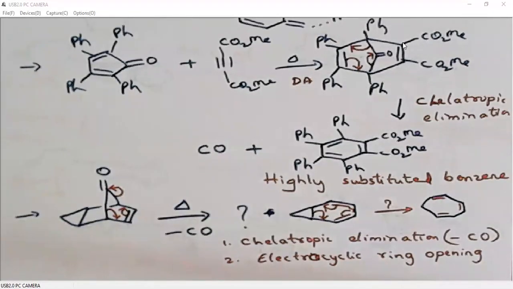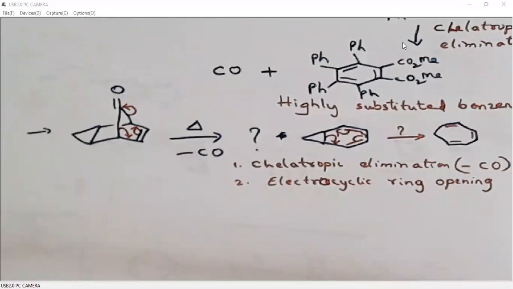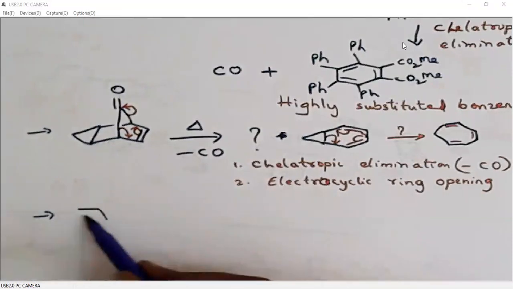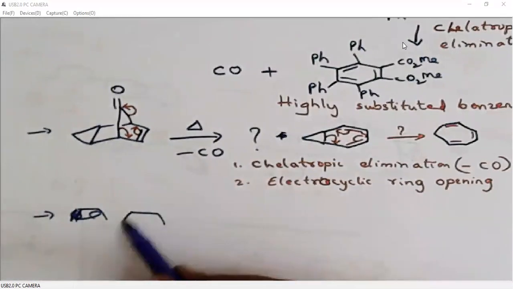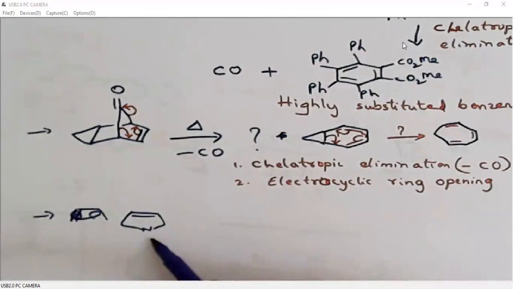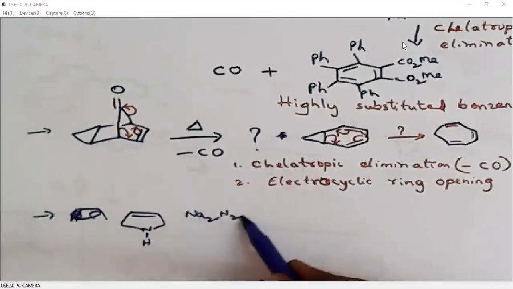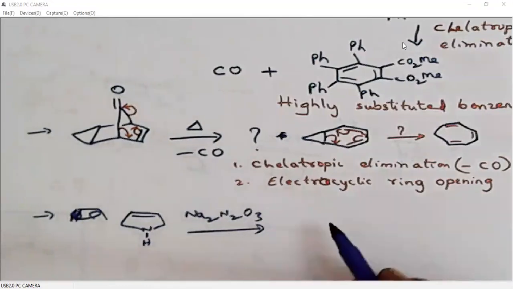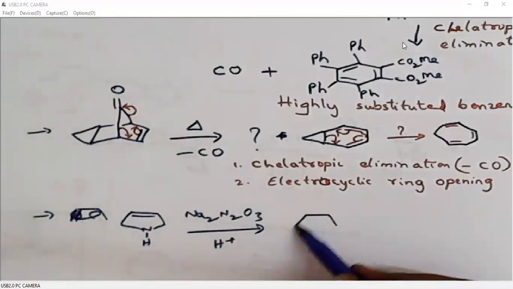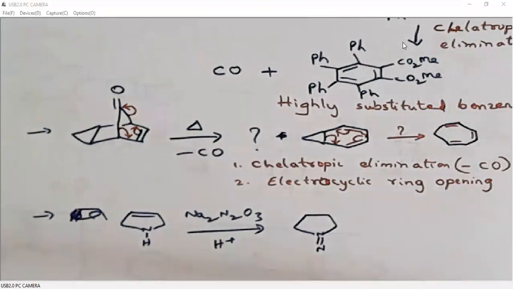I'll give you 2 more examples where we can generate a diene using these cheletropic eliminations. This can be oxidized under acidic conditions to a diazo system.